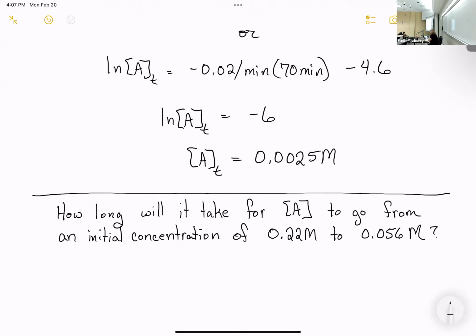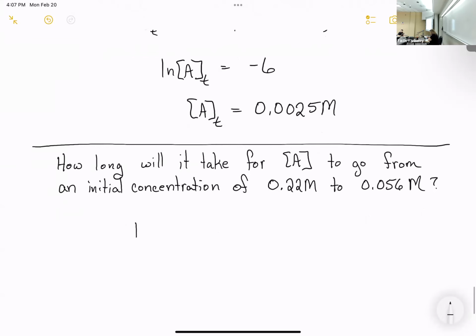In other words, I've changed up what the initial concentration is. But folks, I didn't change the reaction, and the rate law is based off of the reaction. So this is still first order. So it still fits: the natural log of A at T is equal to a negative KT plus the natural log of A naught.